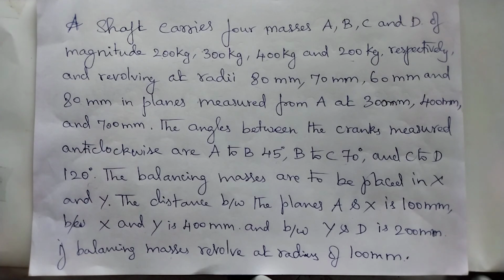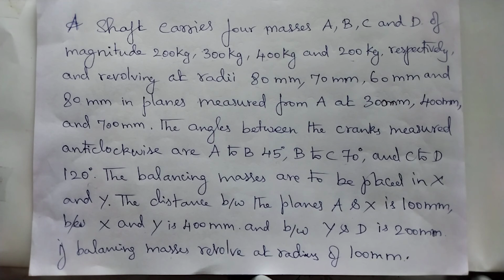A shaft carries four masses A, B, C and D of magnitude 200 kg, 300 kg, 400 kg and 200 kg respectively, and revolving at radius of 80 mm, 70 mm, 60 mm and 80 mm in planes measured from A at 300 mm, 400 mm and 700 mm. The angles between the cranks measured anticlockwise are A to B 45 degrees, B to C 70 degrees and C to D 120 degrees.